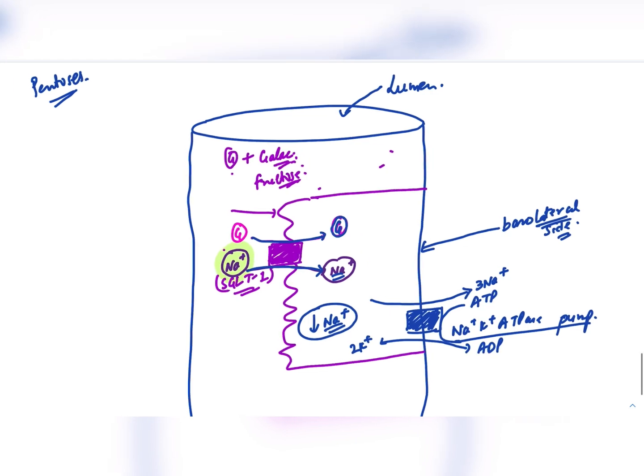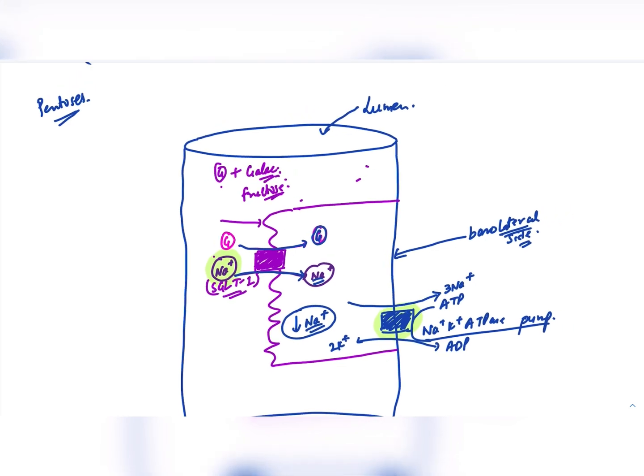So energy is used here, and due to the pumping of sodium and potassium, a concentration gradient of sodium is created, and due to the difference in the concentration gradient, the sodium from the lumen moves inside the epithelial cell. So you can say that the movement of sodium and glucose inside the intestinal epithelial cell is using the ATP indirectly. If there is no ATP used in the sodium potassium ATPase pump, then it would be difficult for the glucose and sodium to move inside.